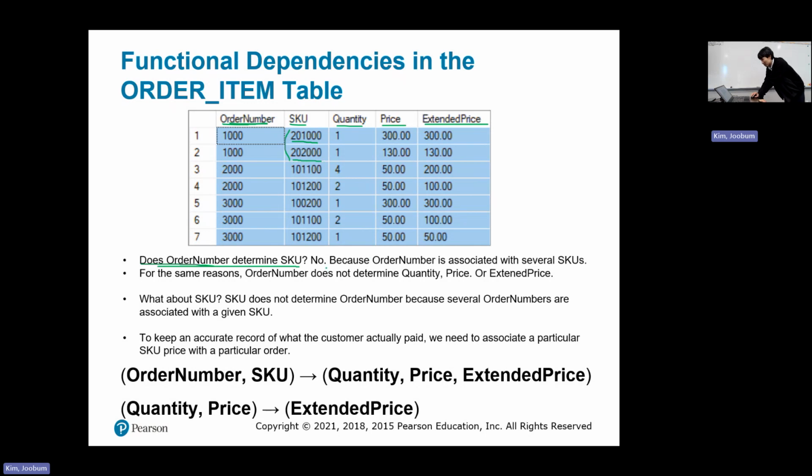So here, the order number doesn't determine SKU. How about SKU determines order number? No. The reason is that 101100 is associated with 2000, but the same SKU here is associated with 3000. Not unique, associated with multiple values. So SKU doesn't determine order number.